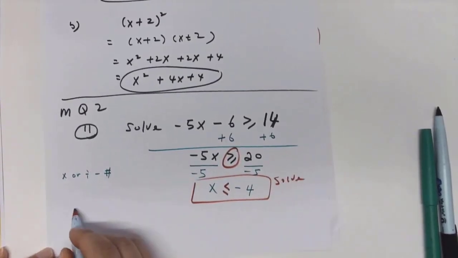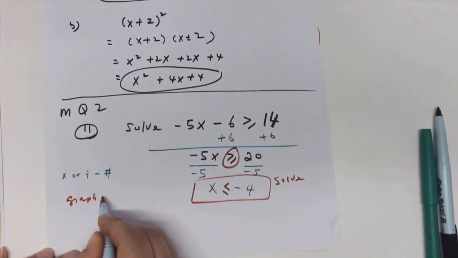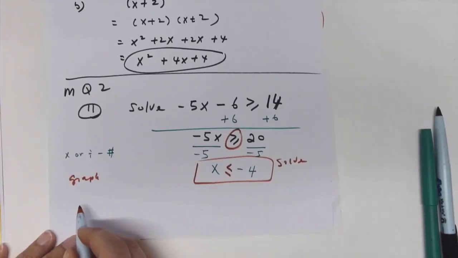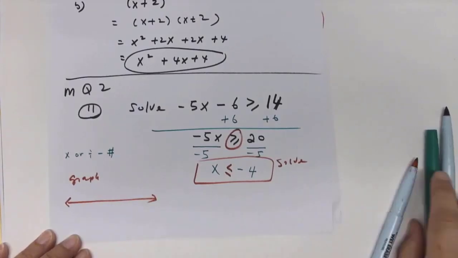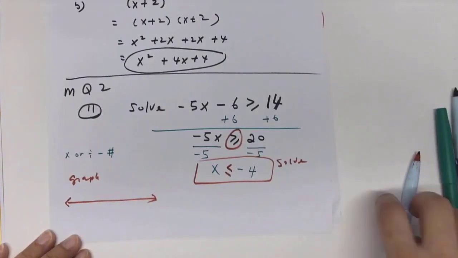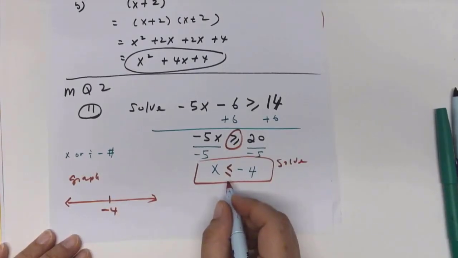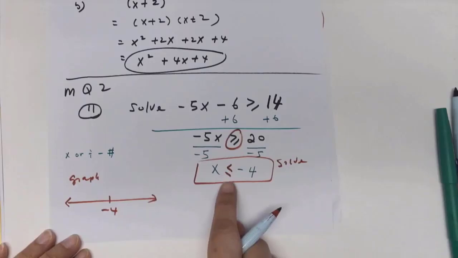How do I put it on a graph? To graph it, first we will draw a line and then locate negative 4. If it's less than or equal to, it's going to be which sign? Shade left side or right side?